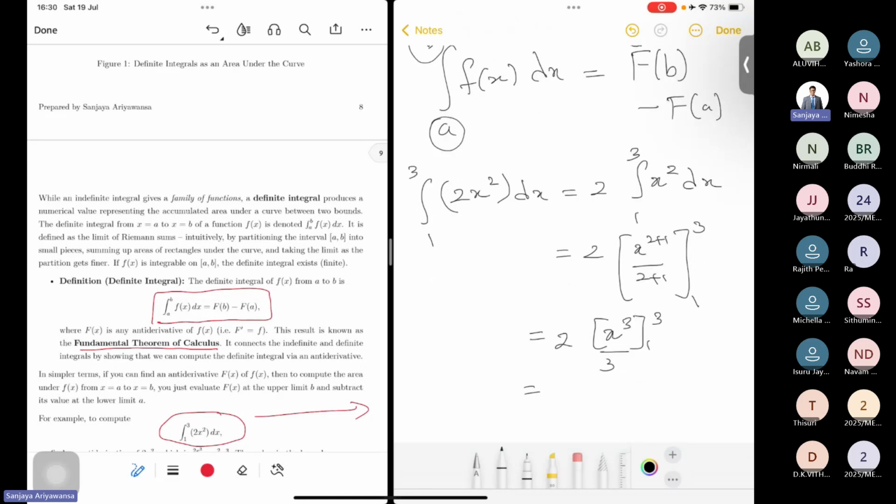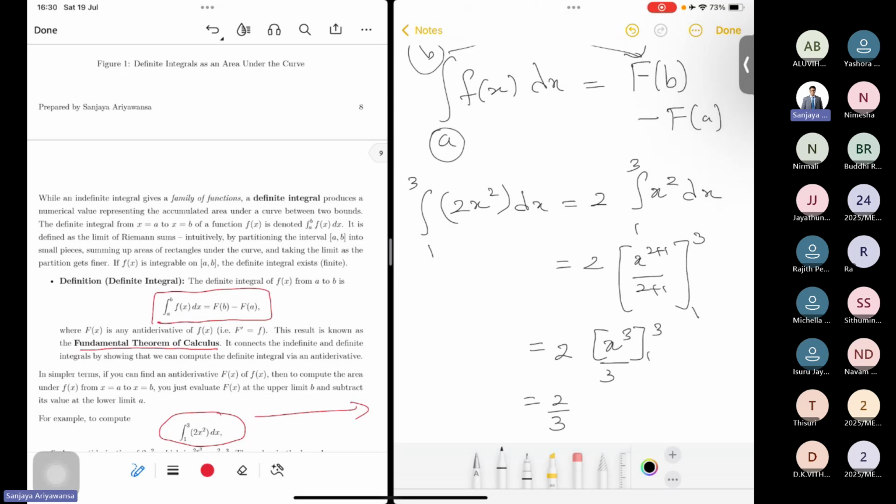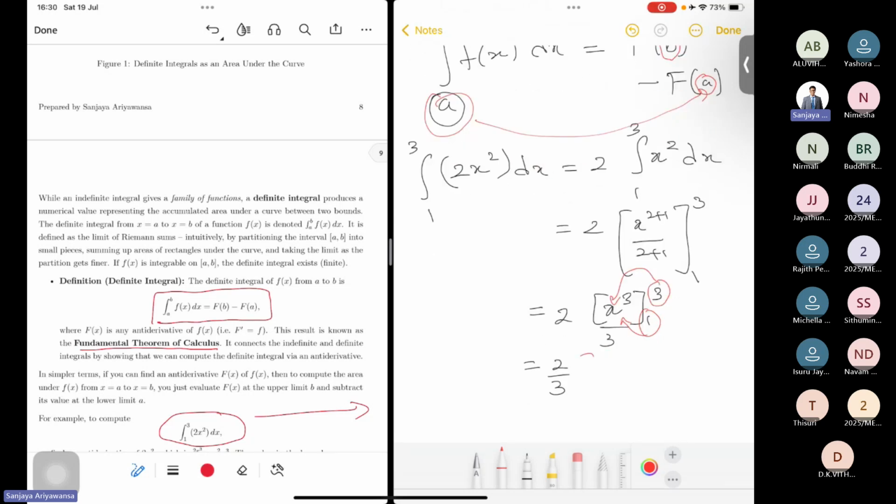Then what does the fundamental theorem of calculus tell me? I take all the constant values out. The fundamental theorem of calculus tells me, take the upper bound and substitute it in the function that you got, minus take the lower bound and substitute it in the function you got. Lower bound is 1 and substitute it here. So what do I do?